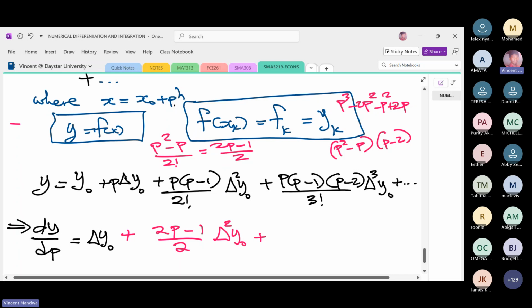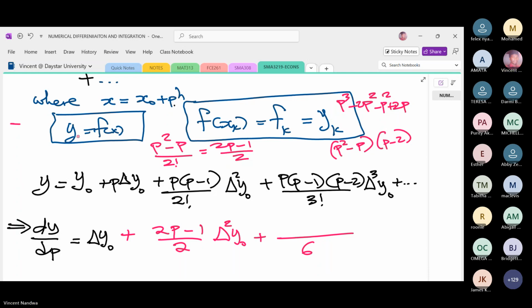Then what is the value of 3 factorial? 6. I can see there are like terms, so we have p power 3, minus 3p squared plus 2p, correct.